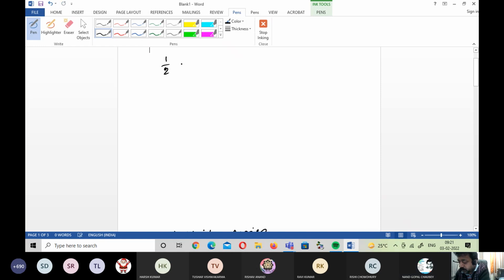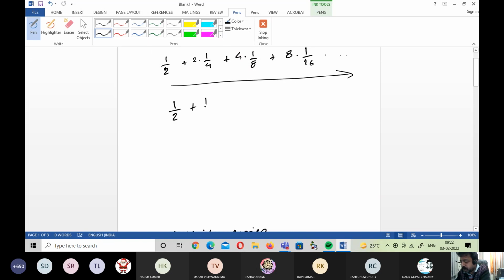Half, then 2 into 1 by 4 plus 4 into 1 by 8 plus 8 into 1 by 16, in this way, so it will be 1 by 2 plus 1 by 2 plus 1 by 2 in this way. So it will be n by 2. So you can easily write that 1 plus n by 2 as limit n tends to infinity.